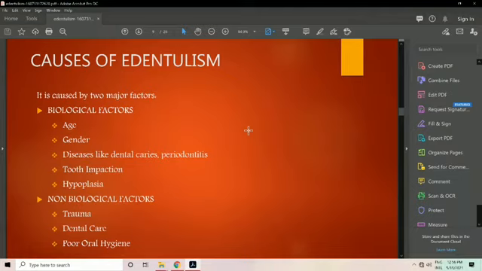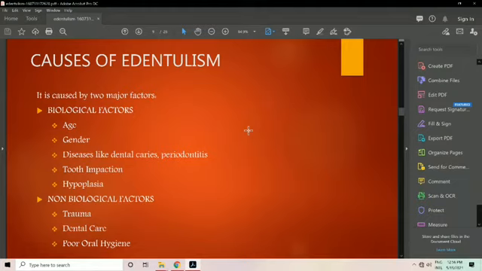Okay. Second is dental care. If the patient does not take care of oral hygiene, there will be periodontal problems, oral hygiene problems, and naturally there will be problems to the teeth. The third problem is poor oral hygiene. If the patient does not maintain oral hygiene, then also there will be problems. If the patient has habits of tobacco chewing, smoking, or any other problem, that will hamper the oral hygiene of the patient and cause problems.